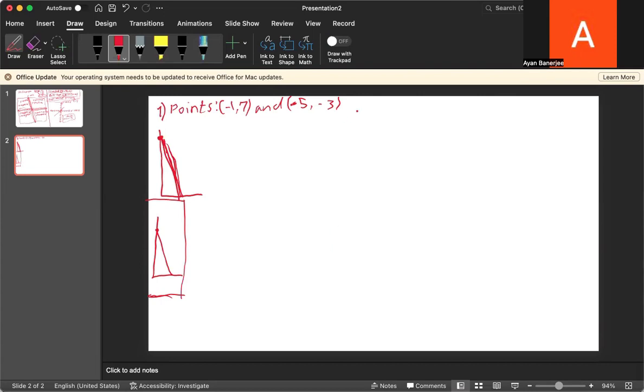We know the way to find the slope is y1 minus y2 divided by x1 minus x2. So we would have 7 minus -3 divided by -1 minus -5, and that would give us 10/4, which we could reduce to 5/2.